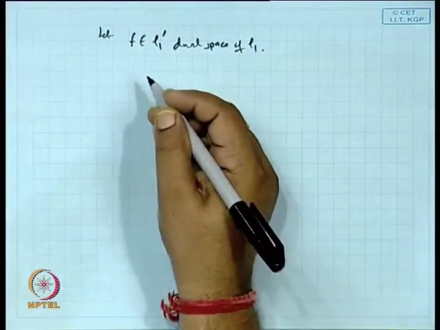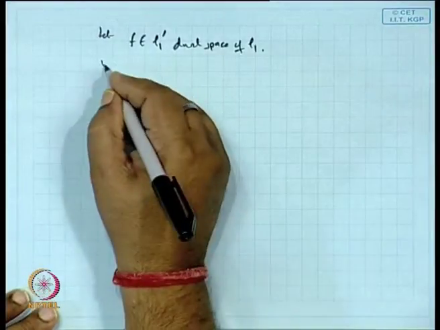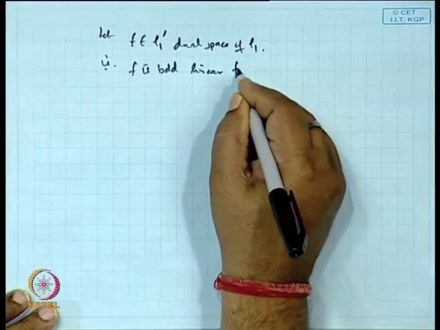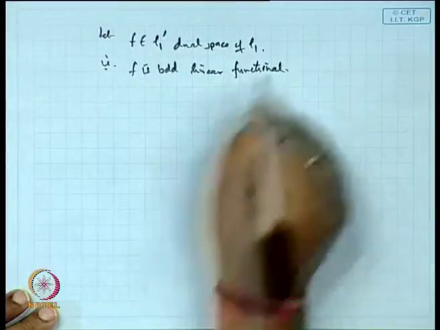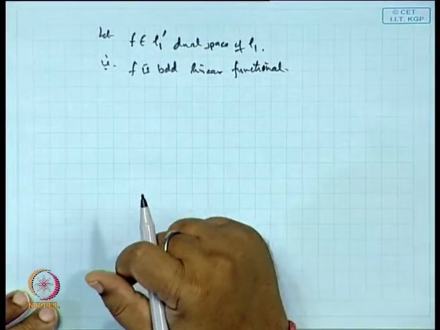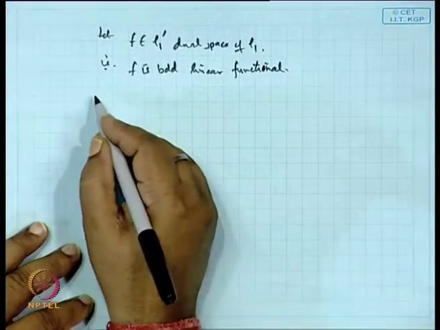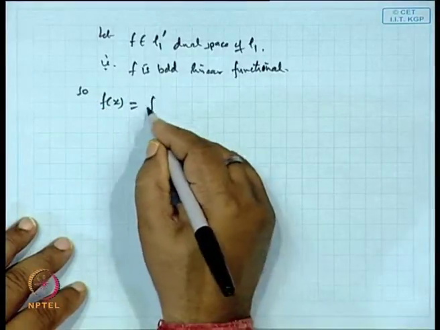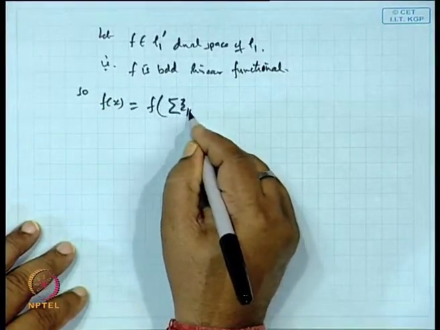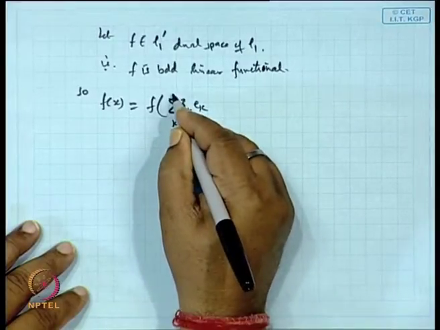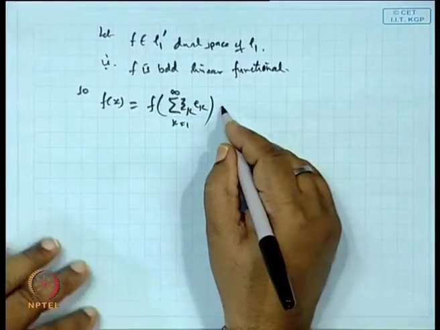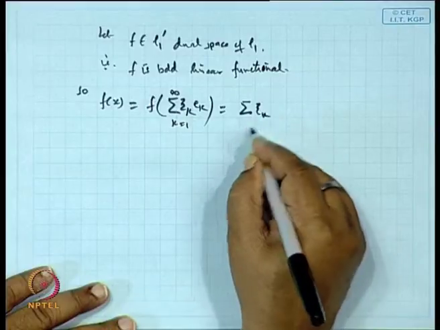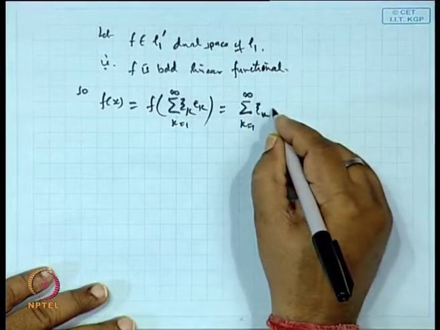So, f is a bounded linear functional. Therefore, f of x, we can write f of sigma xi k e k, k is 1 to infinity, and this will be equal to sigma xi k, k is 1 to infinity, f of e k.